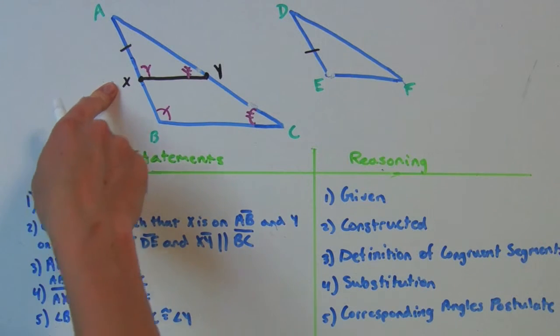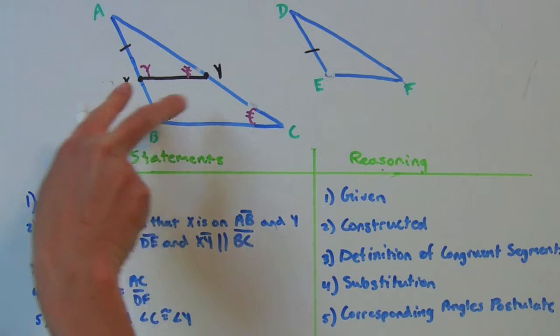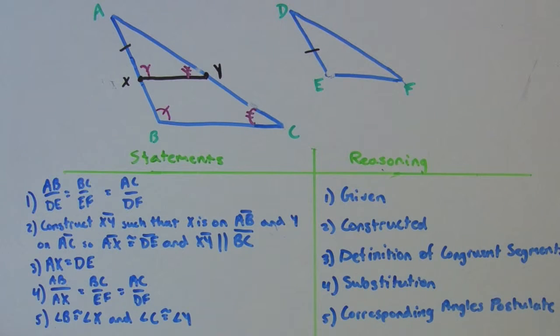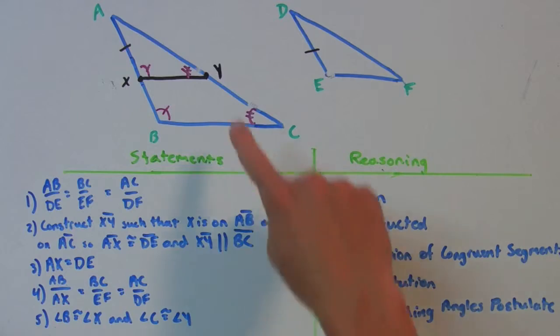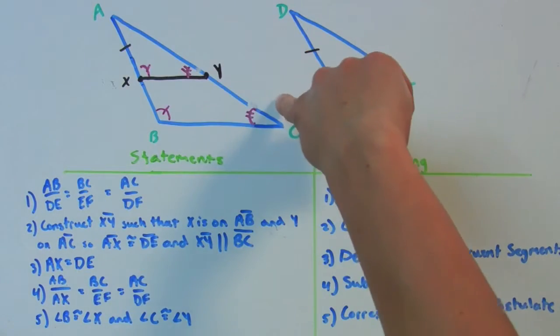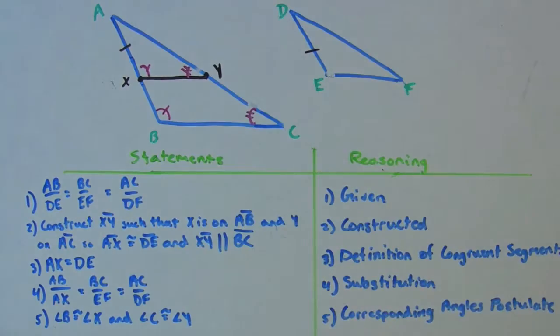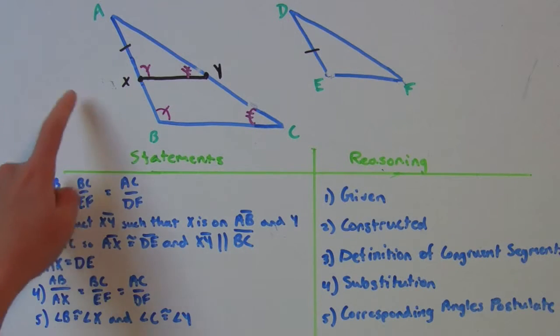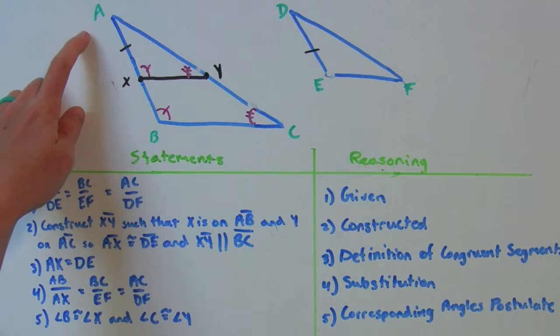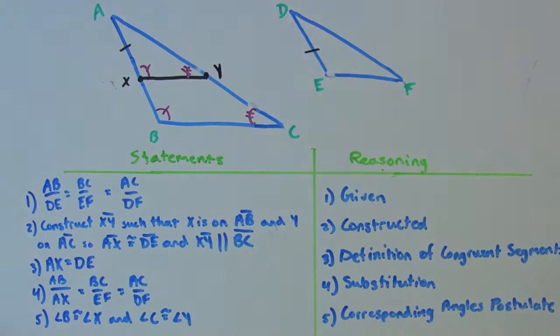Since we have that these two angles and these two angles are congruent, we can use the postulate that we went over earlier in this lesson, the angle-angle similarity postulate, which says that if two angles of one triangle are congruent to two angles of another triangle, then those triangles are similar. So we're going to have that triangle ABC is similar to triangle AXY.